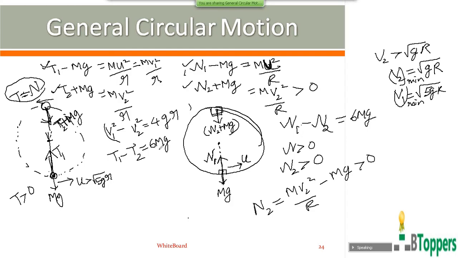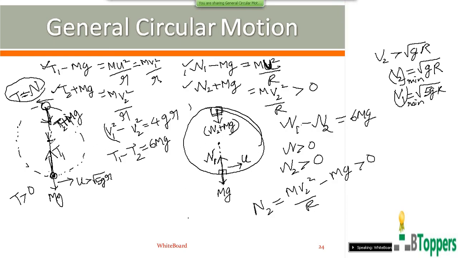That means whatever conclusions and equations I have discussed for the motion of the bob of a simple pendulum rotating in the vertical circular path, under the condition that total mechanical energy is constant, the same equations are applicable for the block moving around a smooth circular track in the vertical plane, where its total mechanical energy remains constant. The only difference is that in place of tension you find normal reaction.